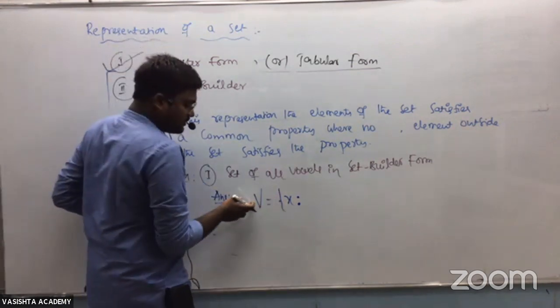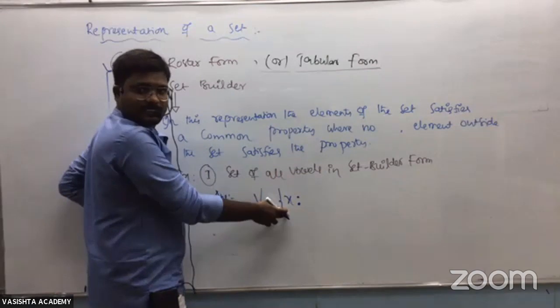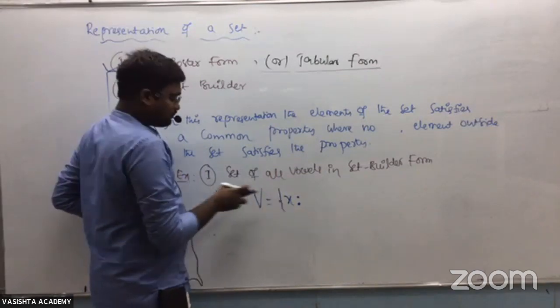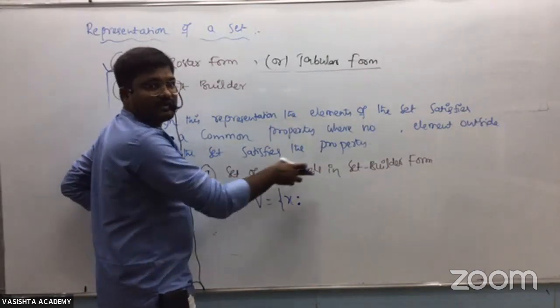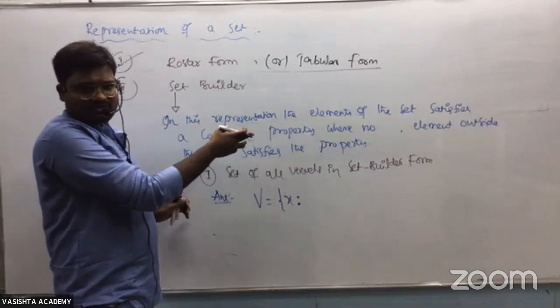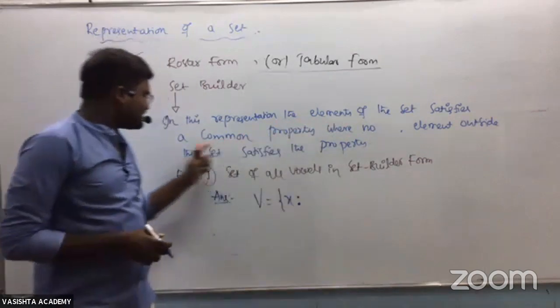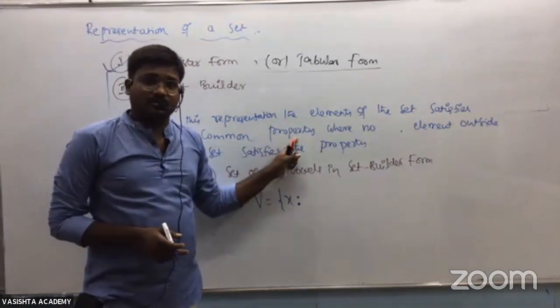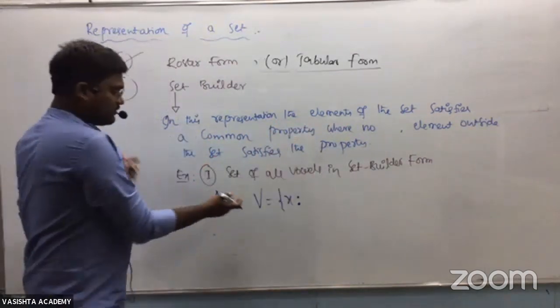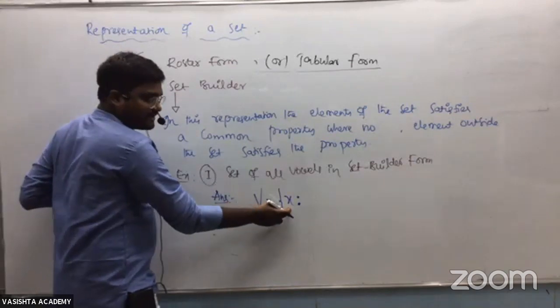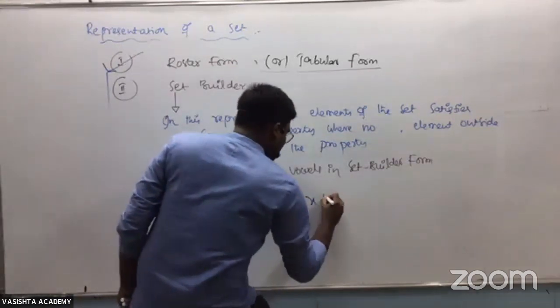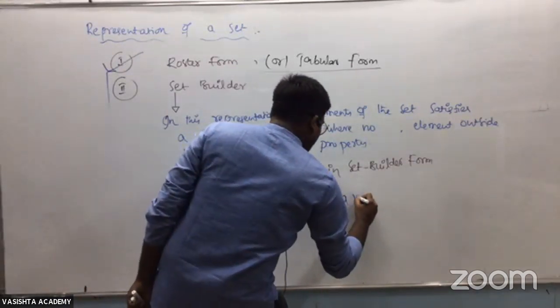Now I am assuming these vowels as x. x must satisfy the property of vowels. You understand my point? In this representation, the elements of the set satisfy a common property. So this will be equal to the set of x such that x is a vowel.